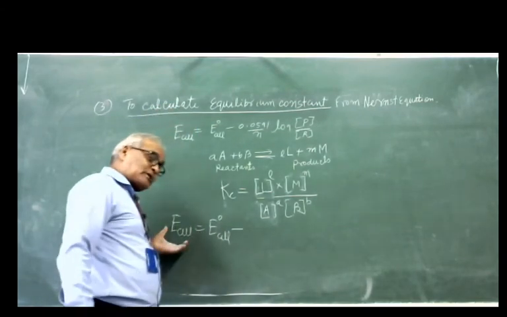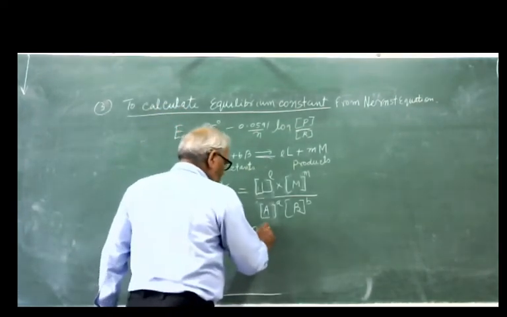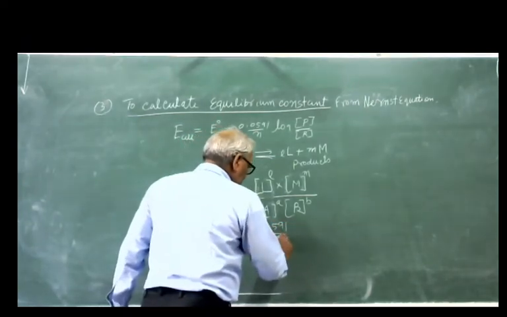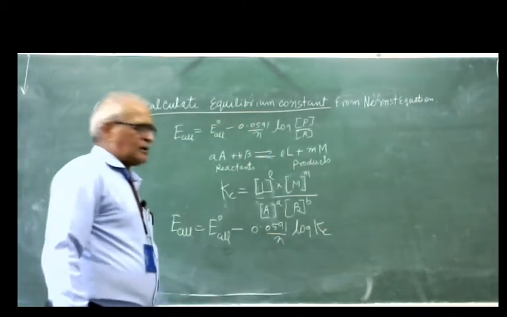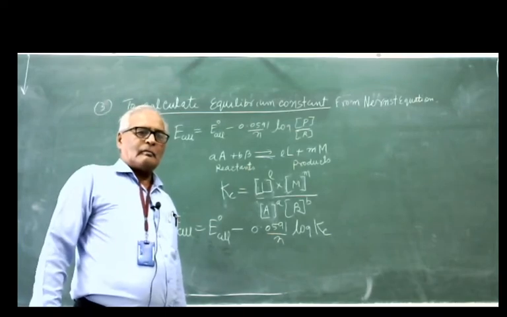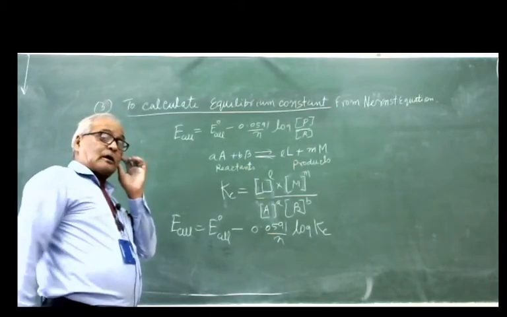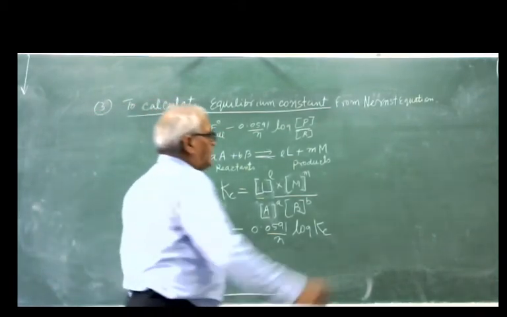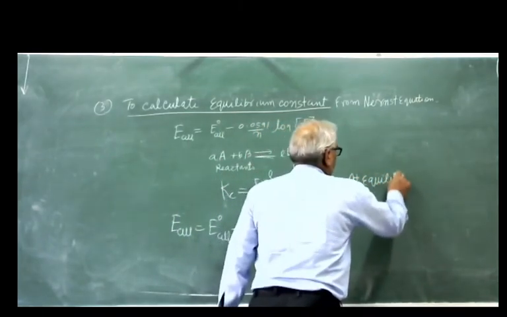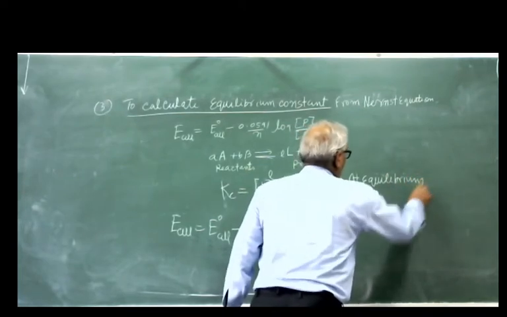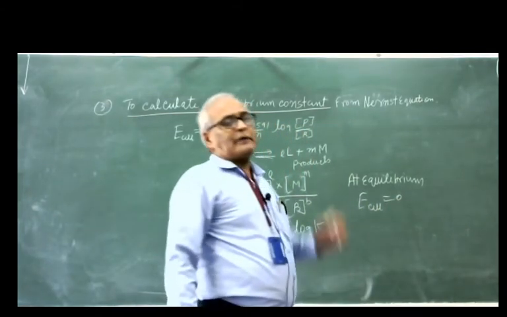So you can write here 0.0591 upon n log Kc. But you have to remember this particular condition: at equilibrium, EMF of the cell is equal to 0. No current flows.